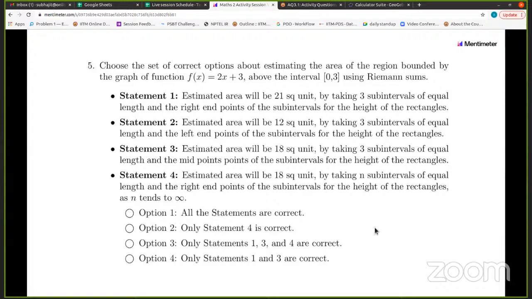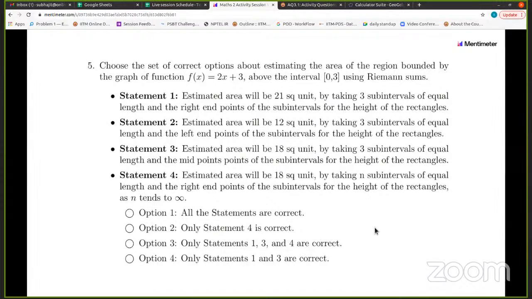I don't know the exact formula of that, but in GeoGebra, while sir was showing us the left hand interval or the right hand interval, and he was also showing the midpoint interval, along with that he also showed us some trapezium shapes. Those small strips were like the shape of trapeziums.